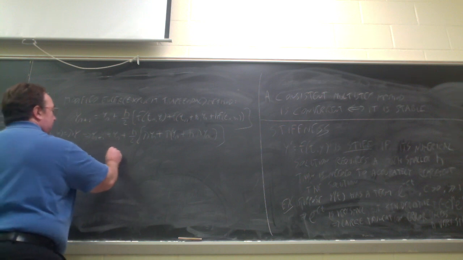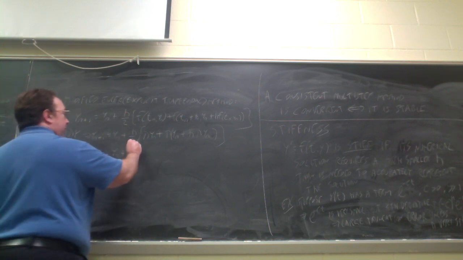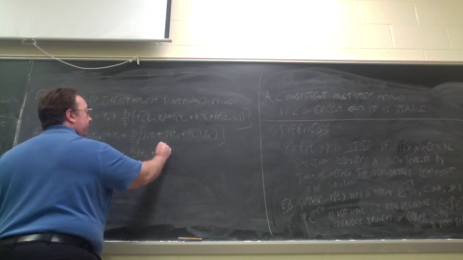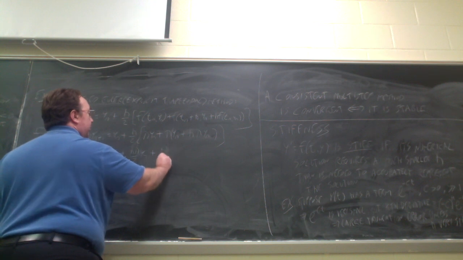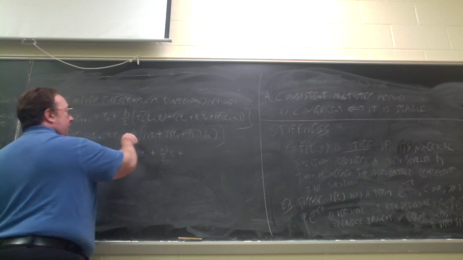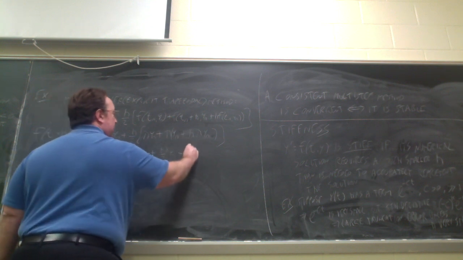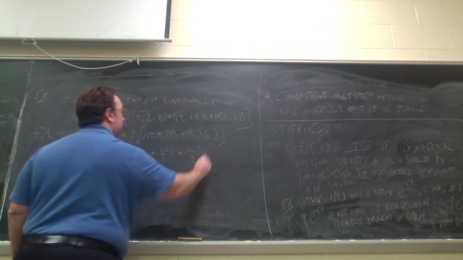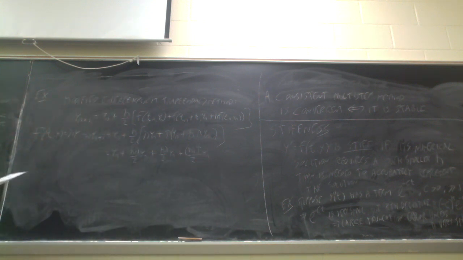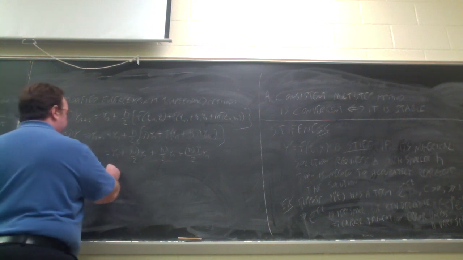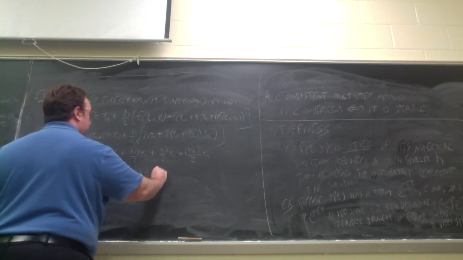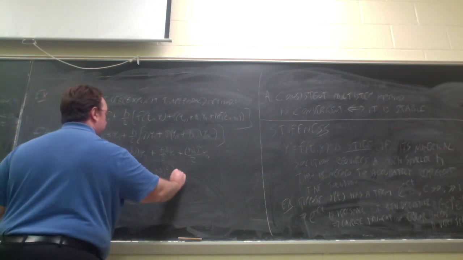So I can multiply all this out. Okay, so I have h lambda over 2 y_n plus h lambda over 2 y_n again, plus h lambda squared over 2 y_n. I can simplify this by factoring out y_n. I get 1 plus h lambda plus 1/2 h lambda squared, times y_n.